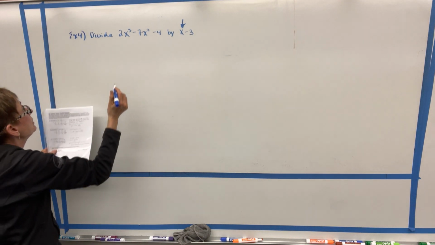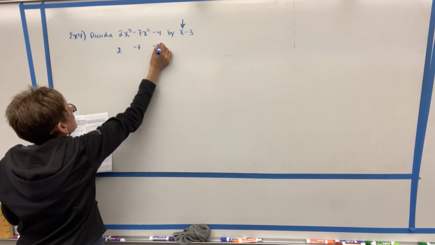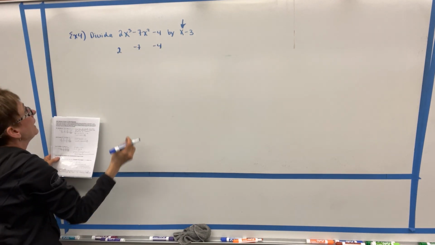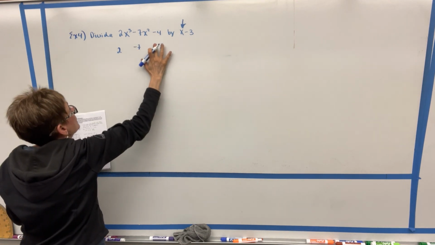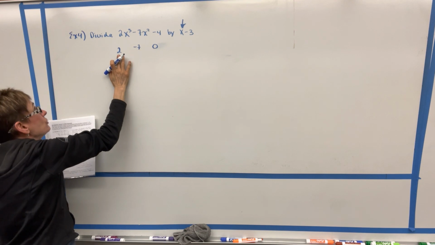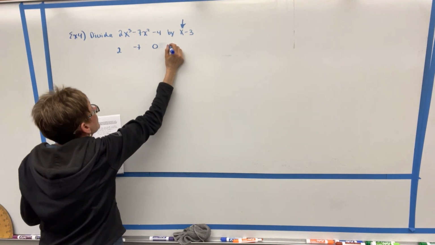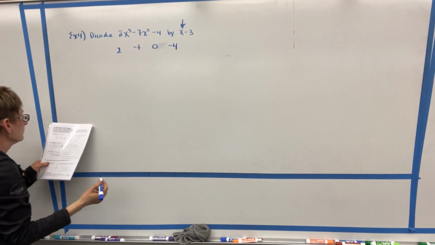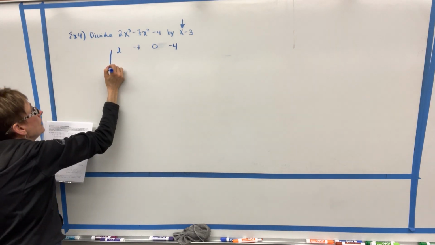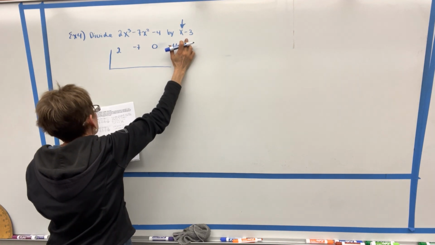Now, what I need to do to make this work is I bring down my coefficients here. And actually, let's notice here that we need a 0 as a placeholder, because this represents 2x cubed minus 7x squared plus 0x minus 4. Then I want to take the opposite sign of what I see here.